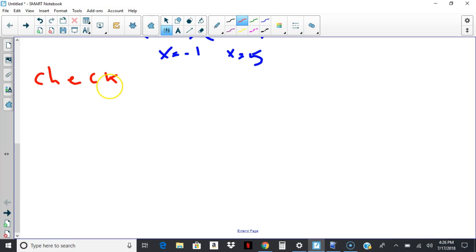So our original equation is log of x minus 4 plus log of x is equal to log of 5.